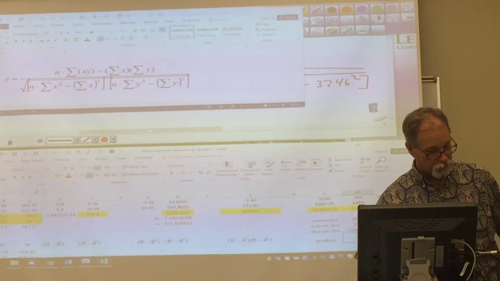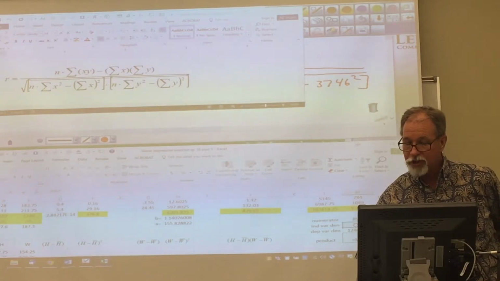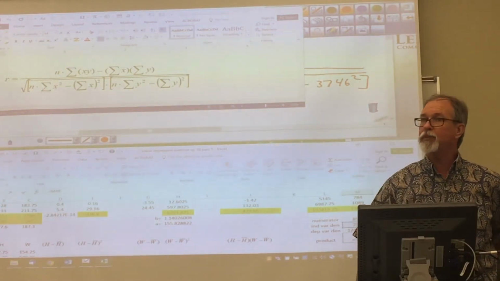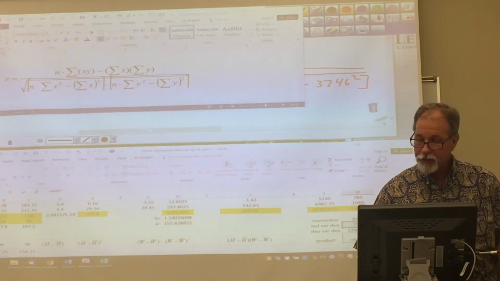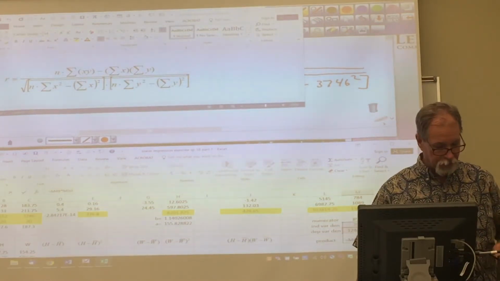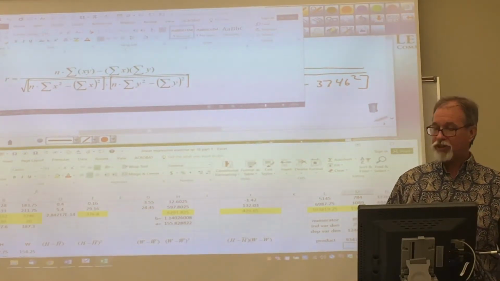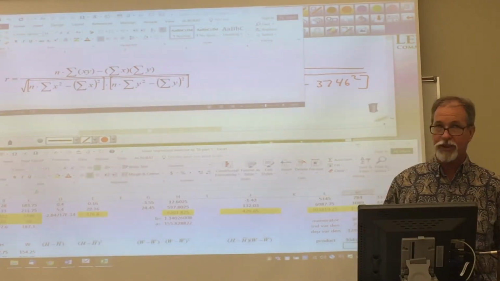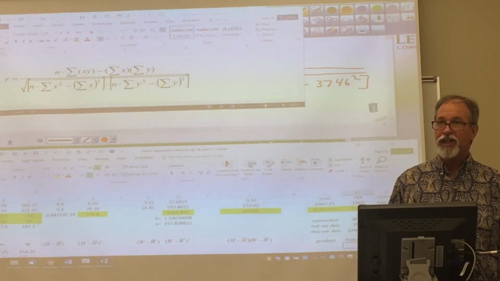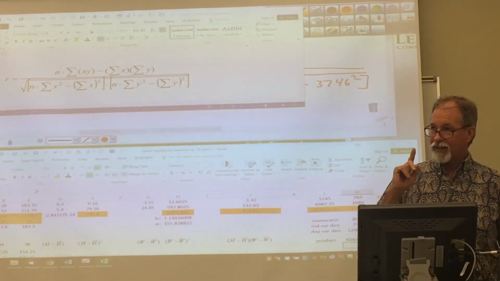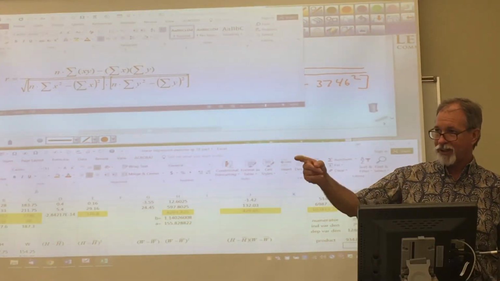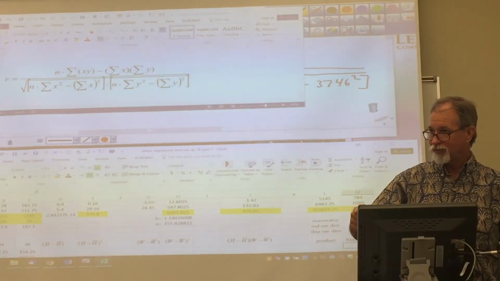So I'm going to take this number, the independent variable denominator, times the dependent variable, and that's going to give me some great big number. And I have one more step I need to do with that. I need to take the square root.